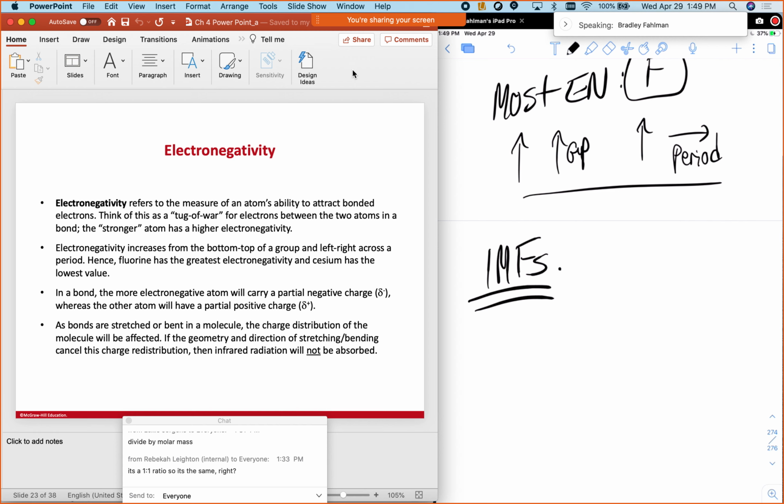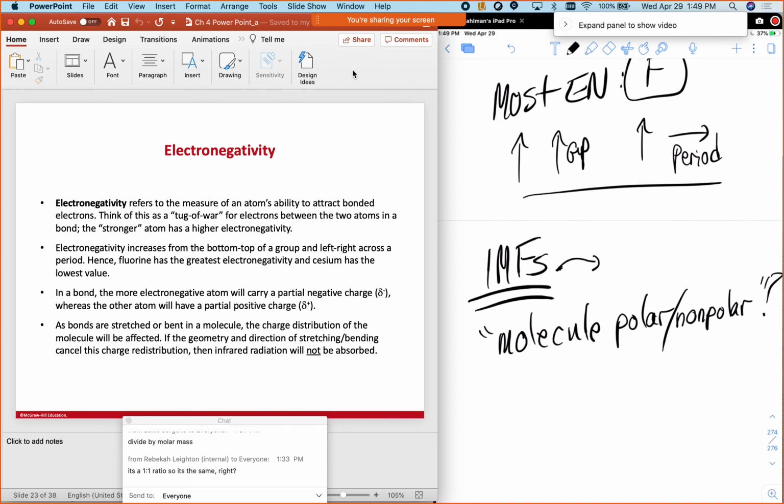Let's talk about that here, since we're talking about electronegativity now. So is the molecule polar or nonpolar?